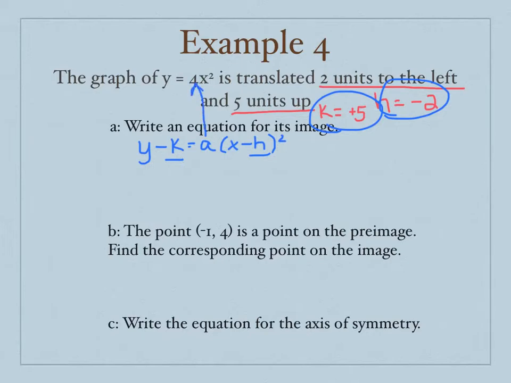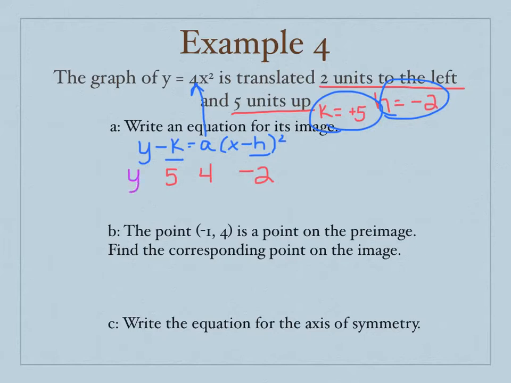The a value comes from the original equation that I'm given. So for k I'm putting in 5, for h I'm putting in negative 2, and for a I'm putting in 4. Take a minute and digest those. Make sure that makes sense. Then I'm just going to fill in the rest of my equation.